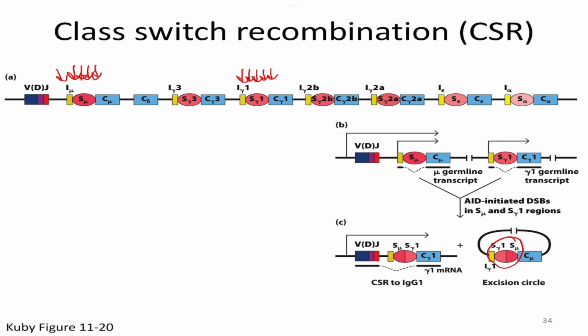They're going to undergo recombination. We're going to throw out the DNA in between, and now we're going to get class switch to this particular site. And so both of these processes, class switch recombination and somatic hypermutation, are happening because of this same enzyme AID being turned on in the germinal center.